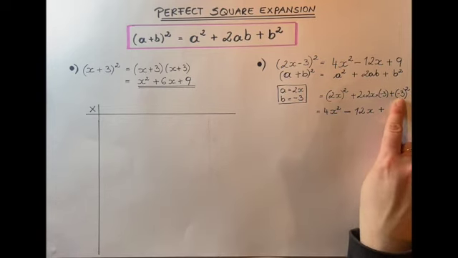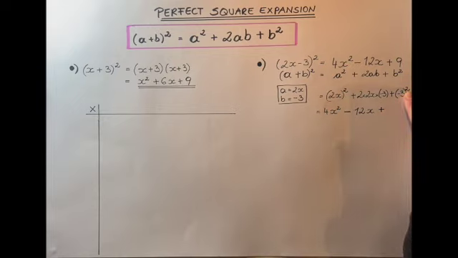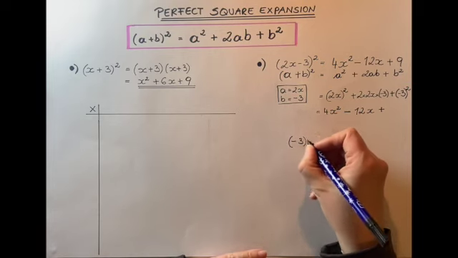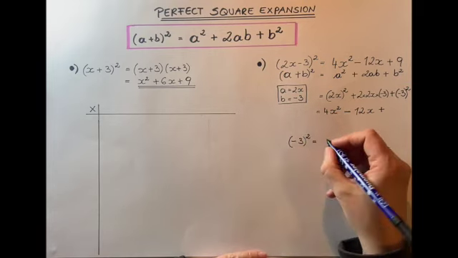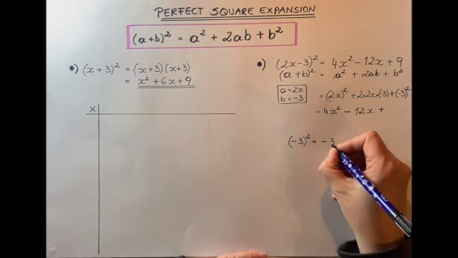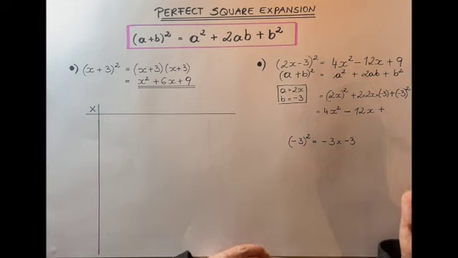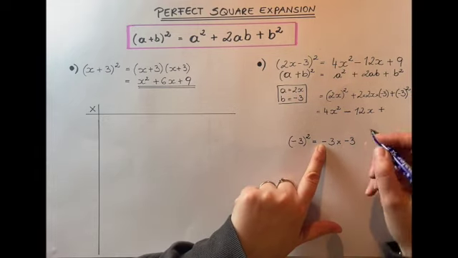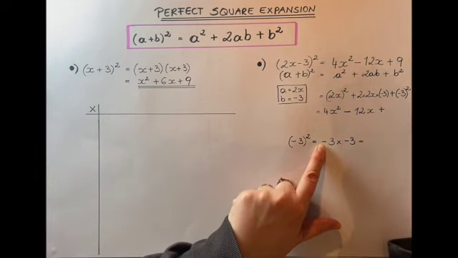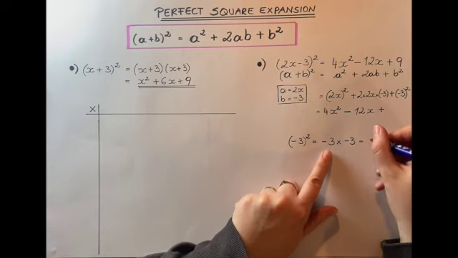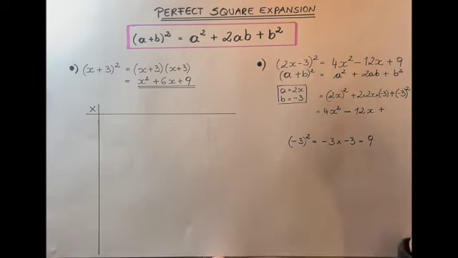Negative 3 to the power of 2 is the same as negative 3 times negative 3. Negative times negative is positive. So negative 3 times negative 3 gives you a positive 9.